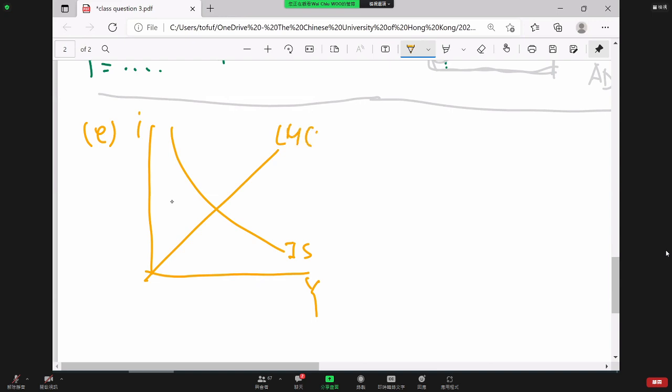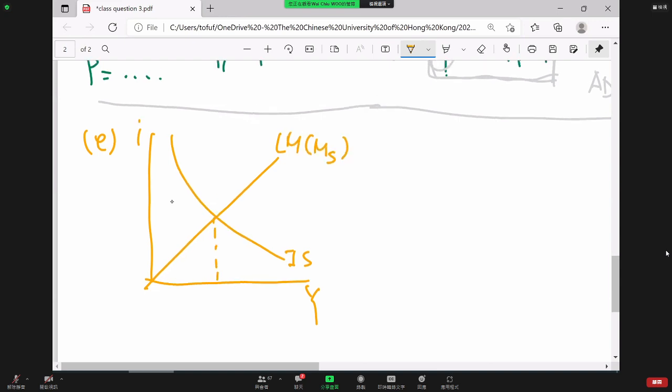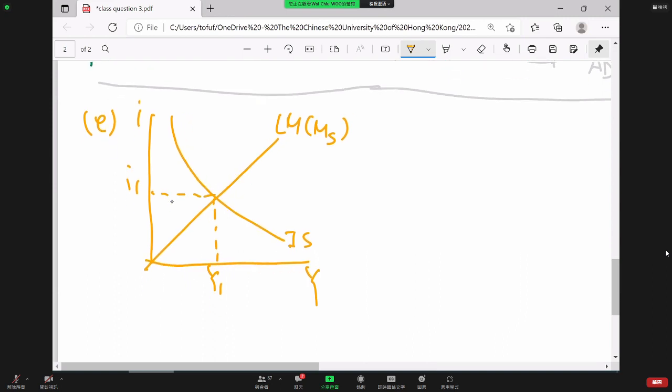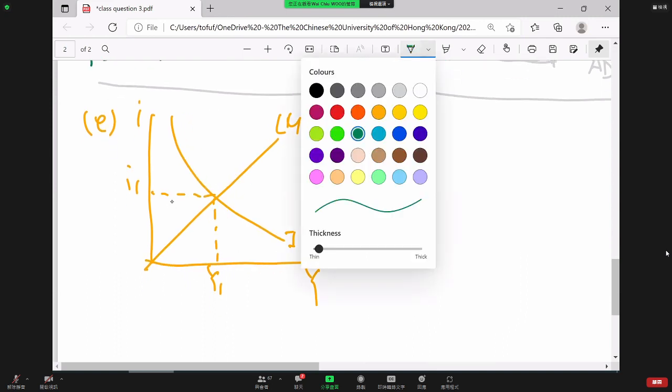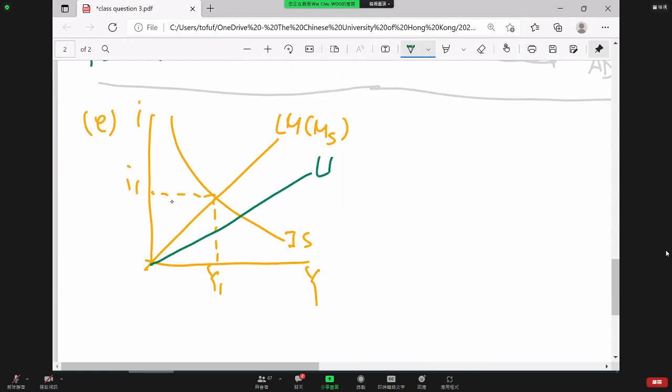LM is something like this. Right? Originally, you have something like this. But then now you have LM shift down in a non-parallel manner. So output increases, interest rate goes down. Right?